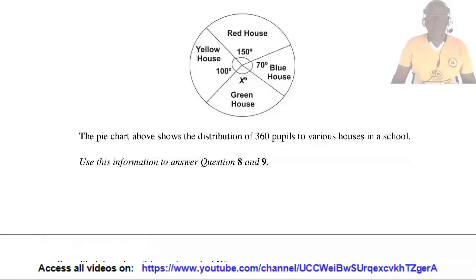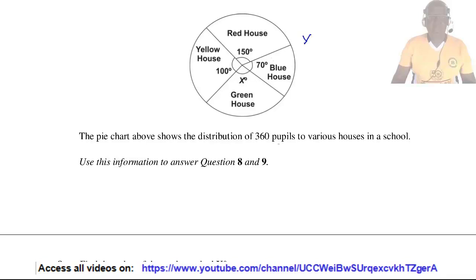The pie chart above shows the distribution of 360 pupils to various houses in a school. Use this information to answer question 8 and 9. Question 8. Find the value of the angle marked S degrees.